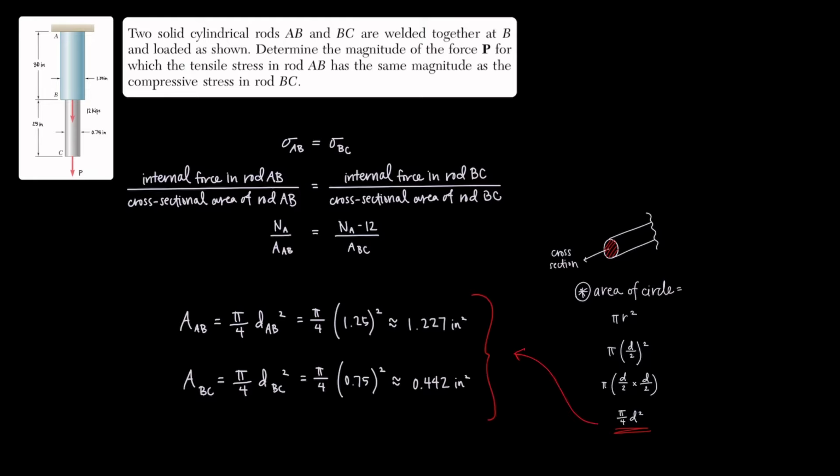We wrote in our list of givens that the diameter of rod AB is 1.25 inches and the diameter of rod BC is 0.75 inches. We'll plug in both values to find the respective areas for each rod. That's going to be about 1.227 inches squared for rod AB and 0.442 inches squared for rod BC.